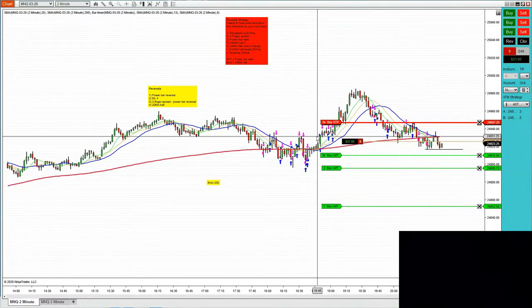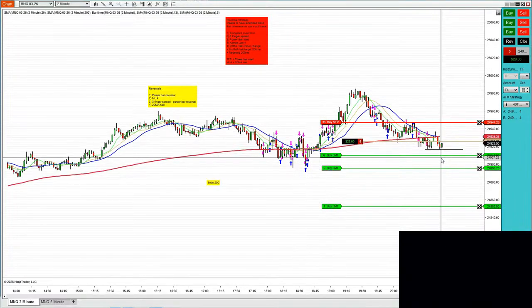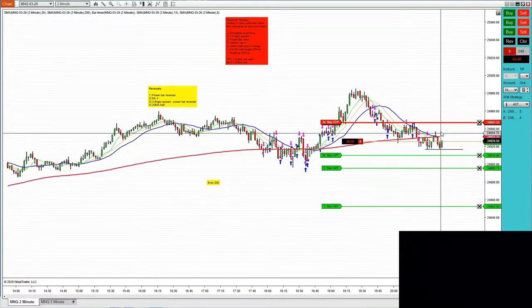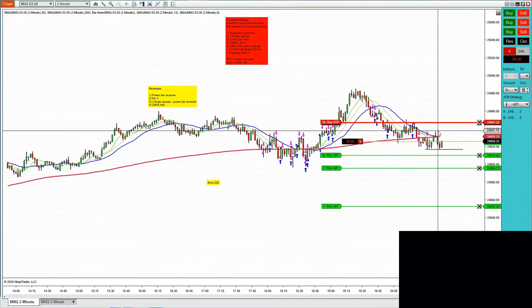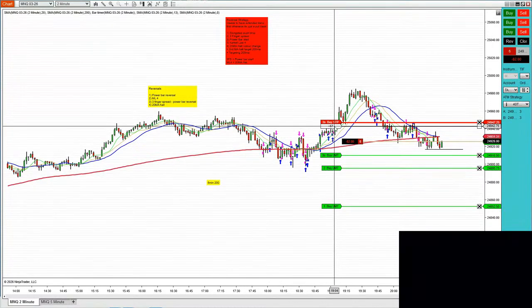Like that one. Sorry, like that one. But I need this to follow through and just wipe out all of that data. If it doesn't, if this smashes through and wipes out that, then we're definitely going long.